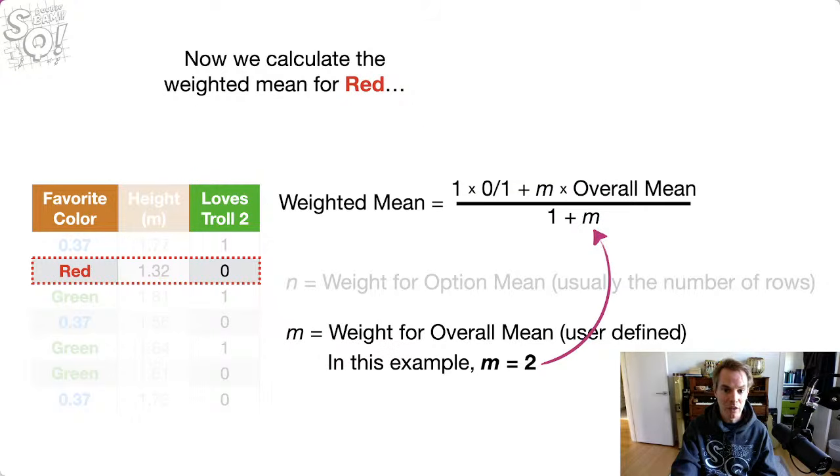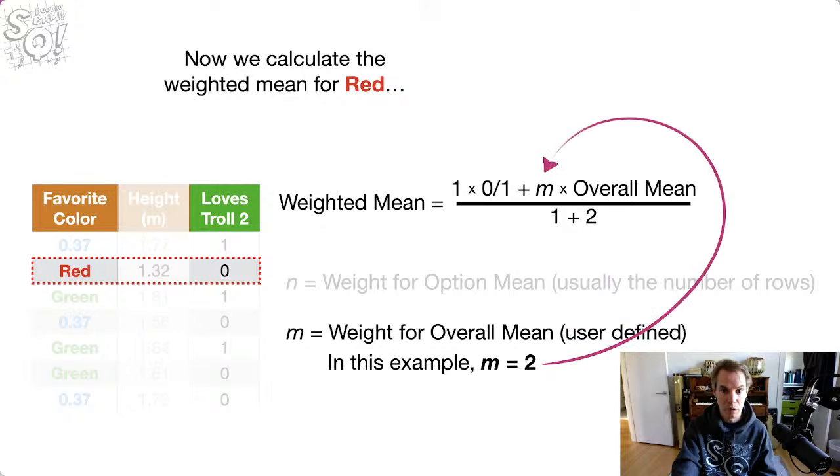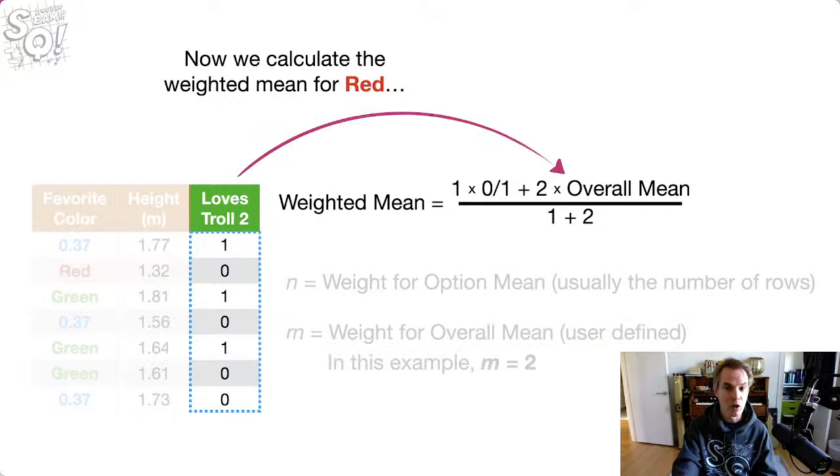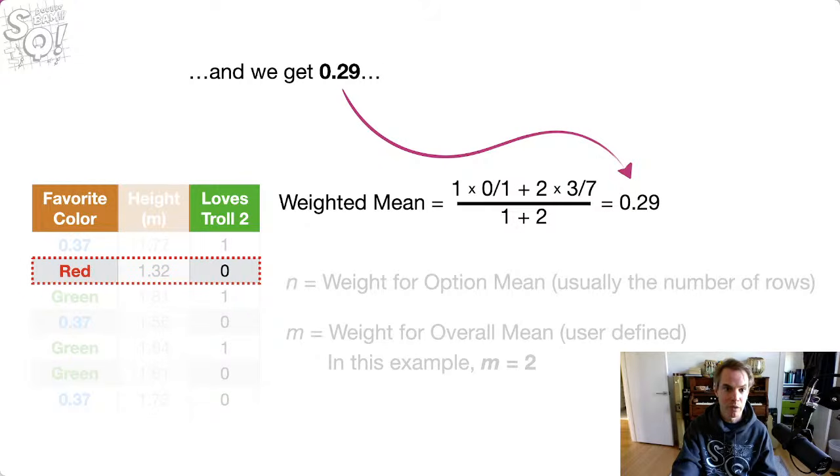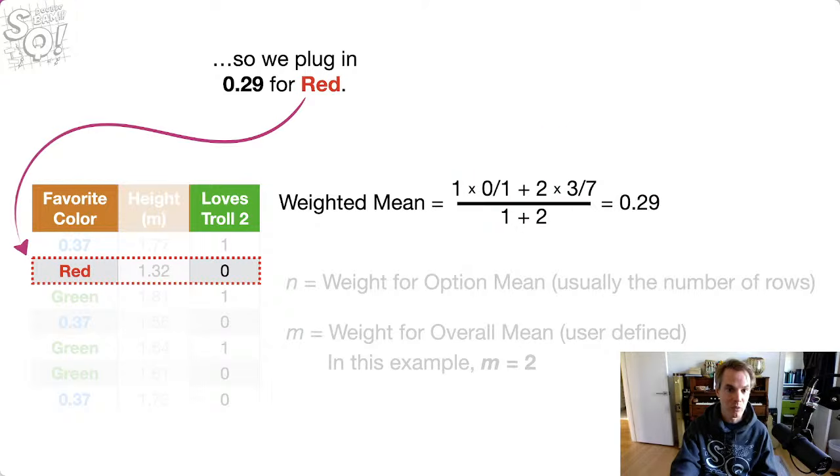Then we plug in the weight for the overall mean, which is user-defined, which we defined previously to be 2. And then we plug in the overall mean, which we already calculated was 3 divided by 7. And then when we do the math, we get 0.29. So we plug 0.29 in for red.